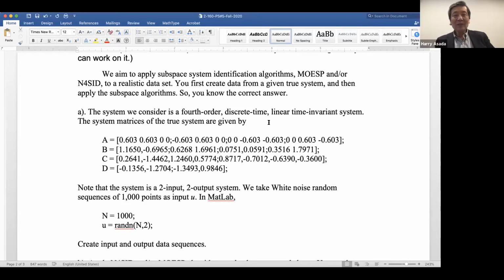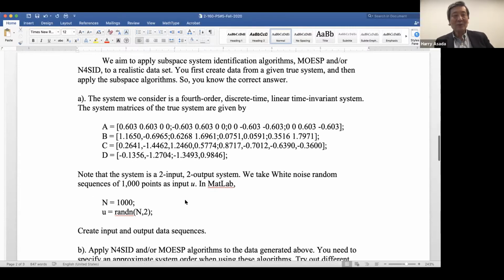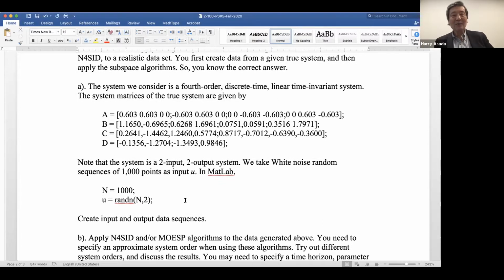In order to create the input output data, we first assume that the ABCD matrices are given like this. For these systems you provide some inputs and create the output, and that is used as input output data for the purpose of system identification. So we start with the ABCD, so you know the answer, right? Through the subspace method, the system ID, you get this result or an equivalent result, and then you have accomplished the goal.